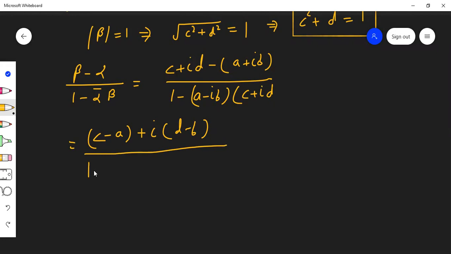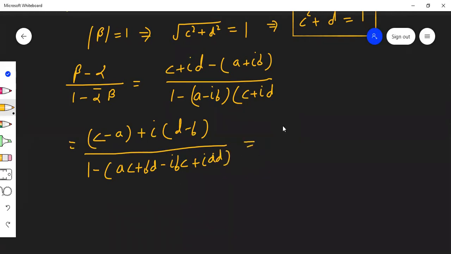We will simply open it, so minus, and you multiply: this will be ac, and minus i squared bd, which can be plus bd because minus i squared is 1, and minus i bc plus i ad.